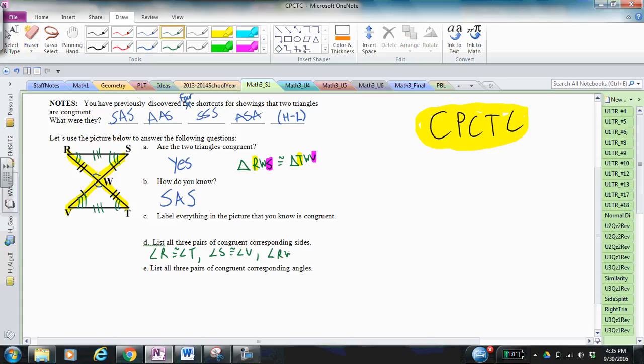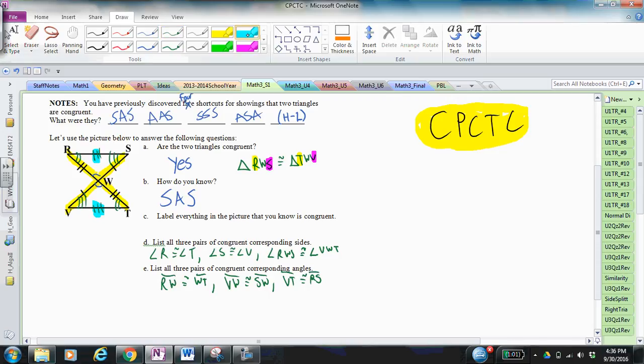Angle RWS is congruent to angle VWT. And we also know that line segment RW is congruent to line segment WT. Line segment VW is congruent to line segment SW. That was already given. But this new piece of information that we've learned, that we intuitively marked, is that VT is congruent to RS.